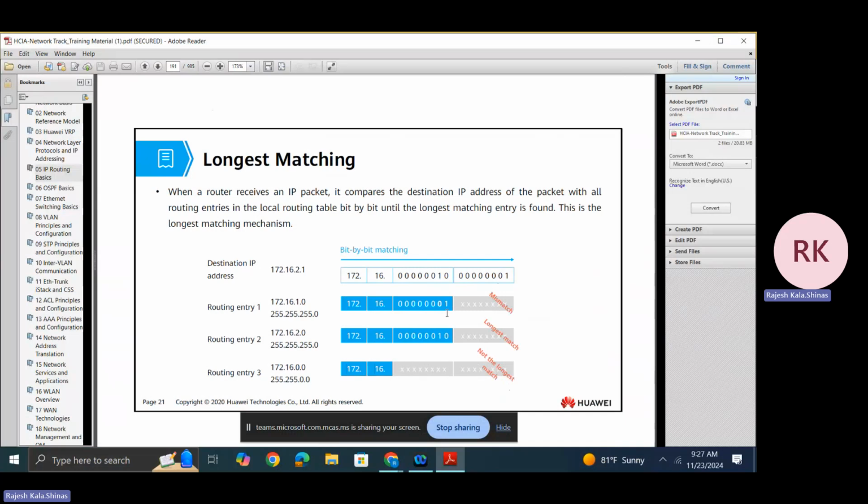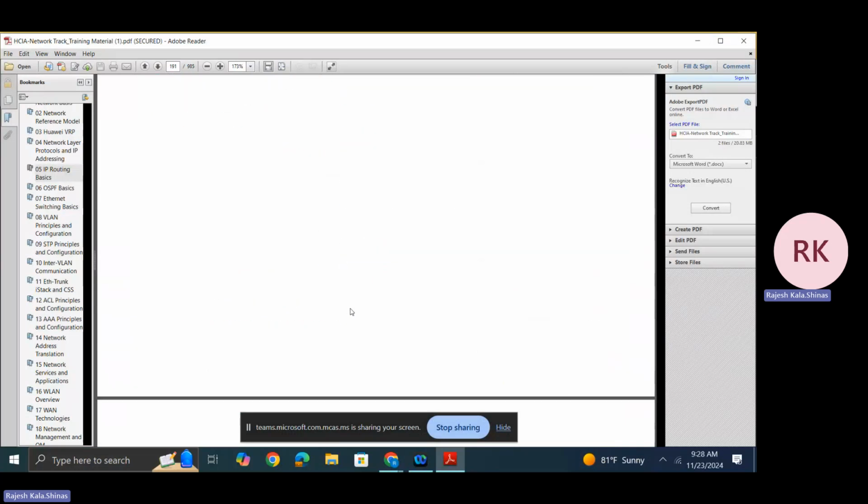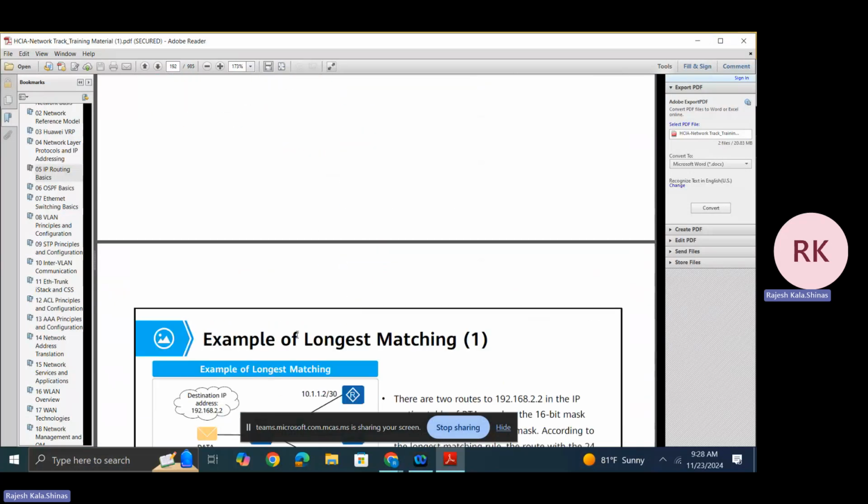These 00 are not matching with the destination's two. So I want to choose the second entry, because the network bits match exactly, bit by bit, between the destination and the routing entry. The remaining one is not matching. We have to choose the maximum bit match.